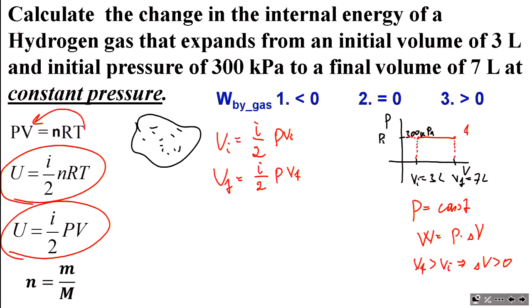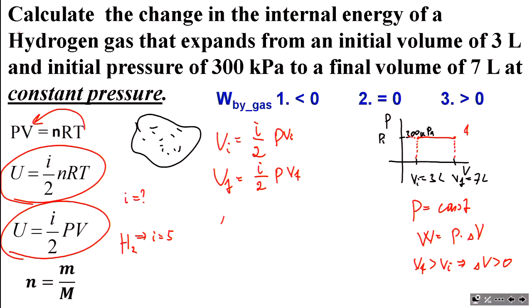For example, this subscript represents the word initial, and this i represents the number of degrees of freedom, which depends on the structure of the gas. And hydrogen is a diatomic gas, hence this number has to be equal to 5.